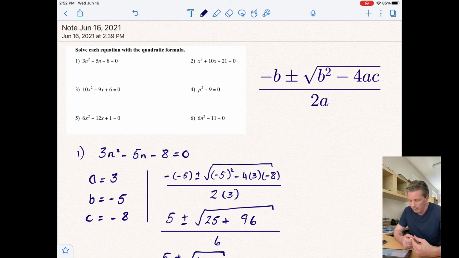And so, like I say, I will leave you to do questions 2, 4, and 6. Notice with questions 4 and 6, it's quadratic, but they're both quadratic binomials. It's only 2 terms. And in both cases, you'll notice that it is the second term that's missing. So you have a square term and you have a constant term, but that middle term is missing.